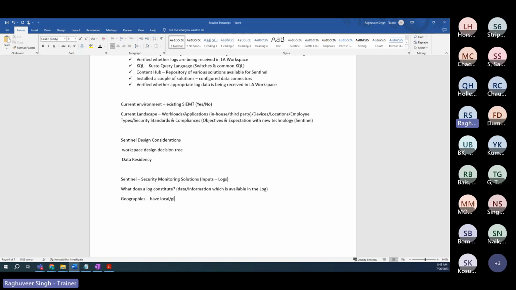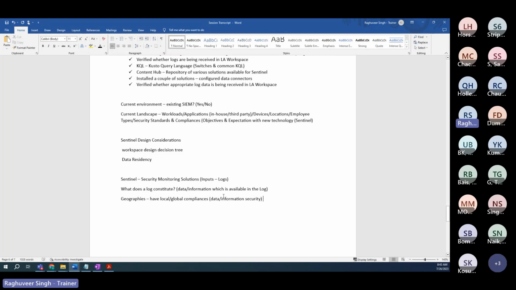So we have local and global compliances, and these all deal with data and information. Compliance is all about data and information security: how do you process, create, store, retain, and discard it.